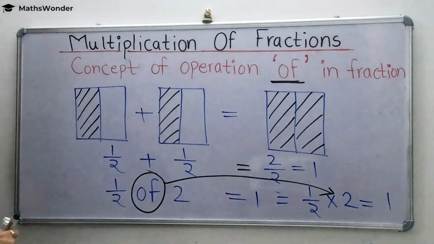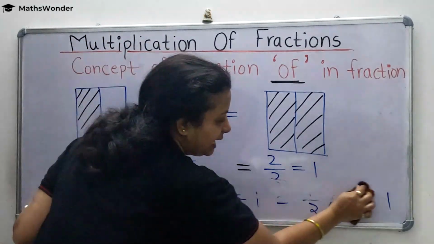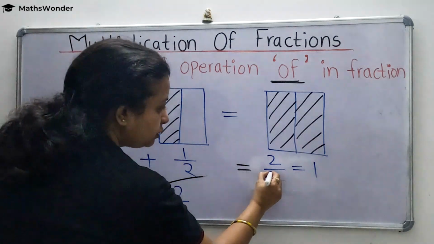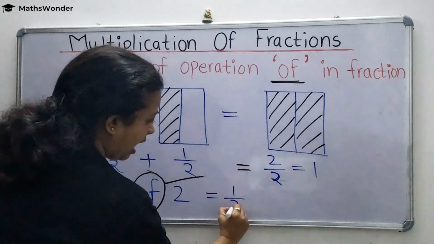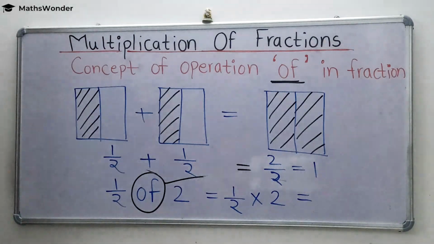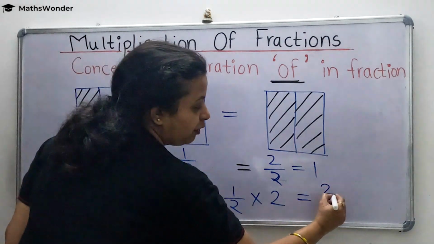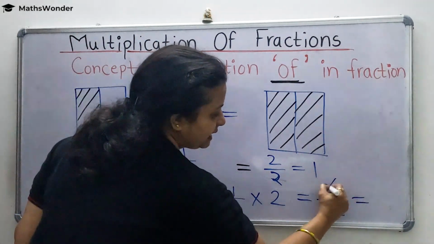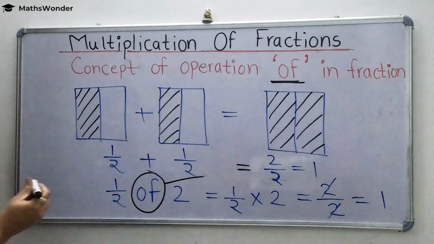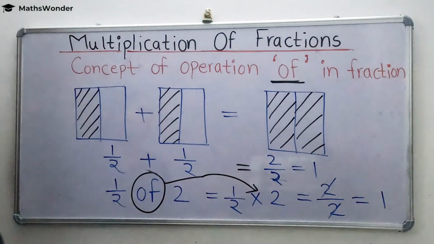So half of 2 means half multiplied by 2. When you simplify with the fraction rule, multiply the numerators of all the fractions, multiply the denominators of all the fractions, and then simplify, you will get 1. So the concept is 'of' means multiply.